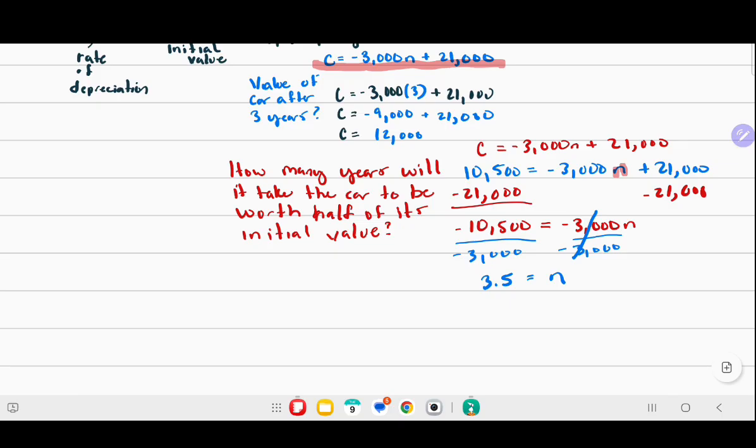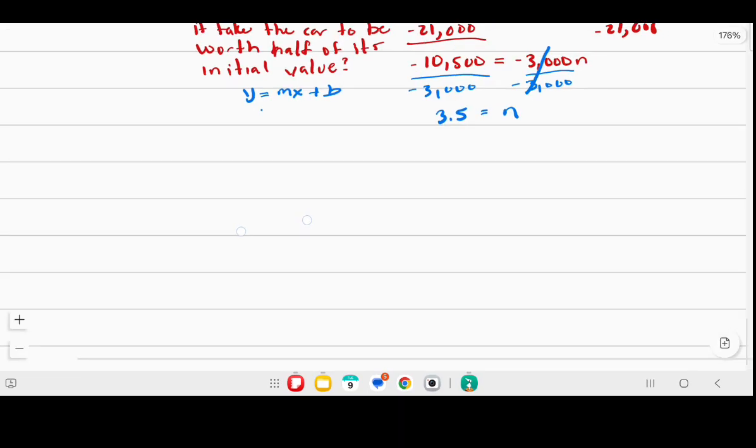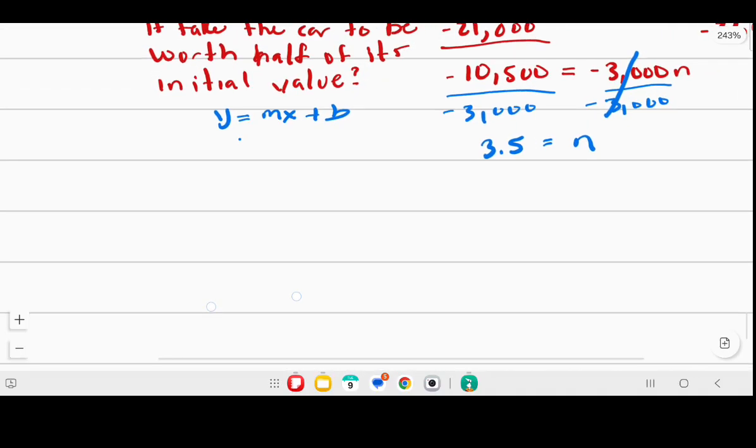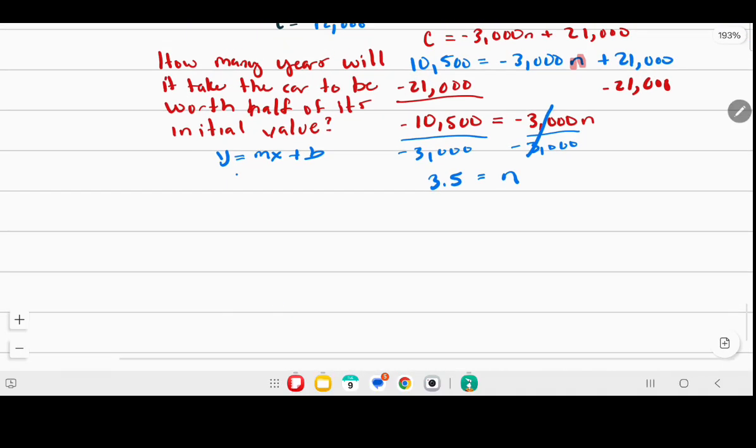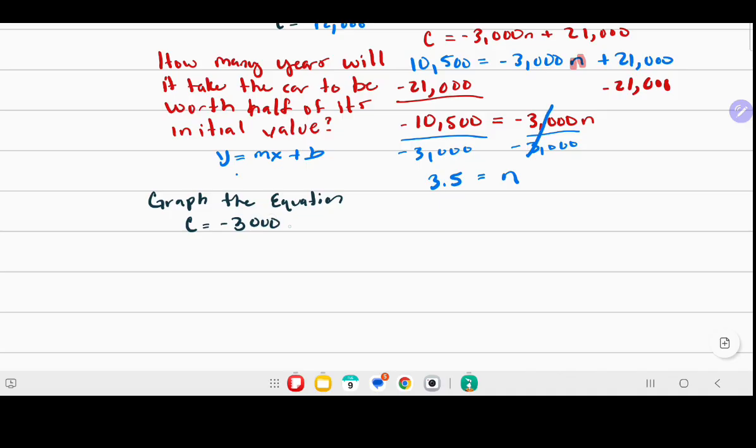Then it says, graph the equation. When it comes to graphing, you say, what equation? The one that says C is equal to negative 3,000 N plus 21,000.